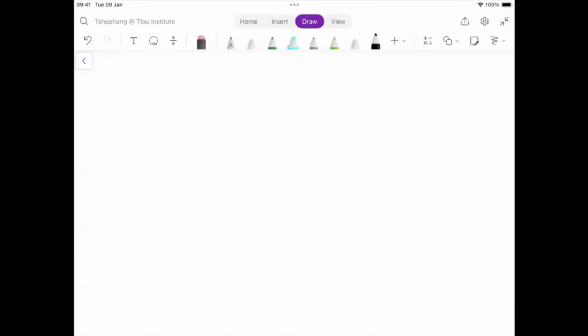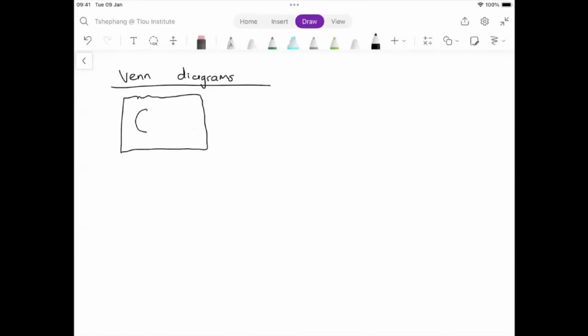Now, what's next? Venn diagrams. When we're talking about Venn diagrams, these are diagrams that are represented with a rectangle normally and circles inside.